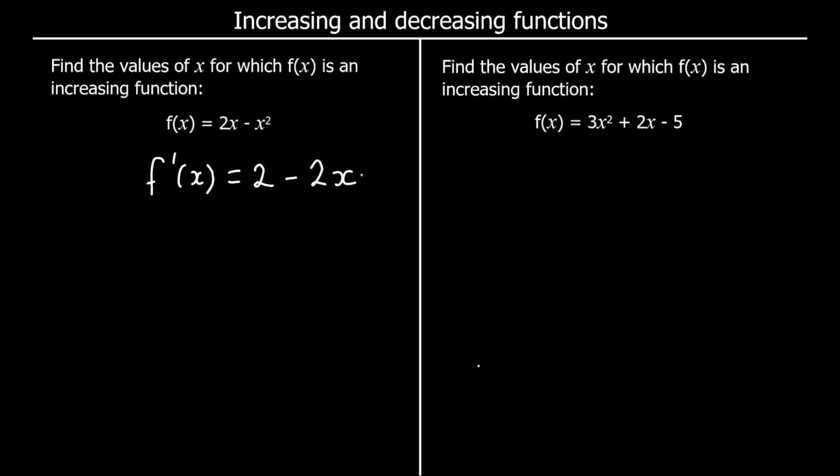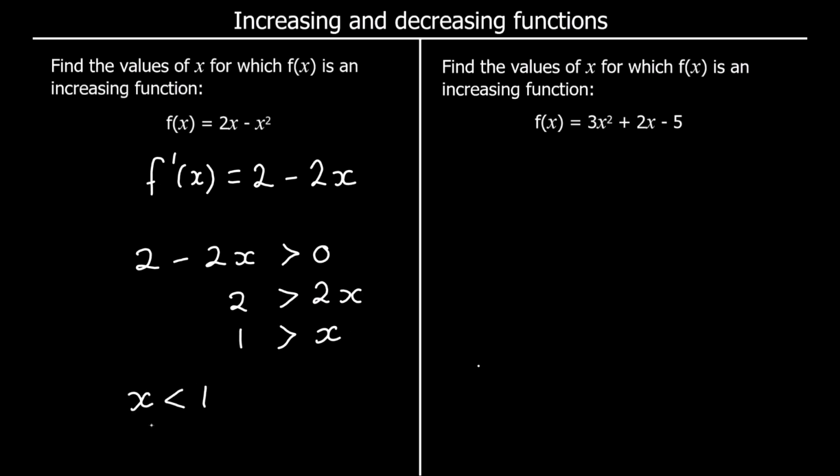Where is it increasing? So it's increasing where 2 minus 2x is positive, where it's bigger than 0. Let's add 2x to both sides and half both sides. So it's increasing when x is less than 1.